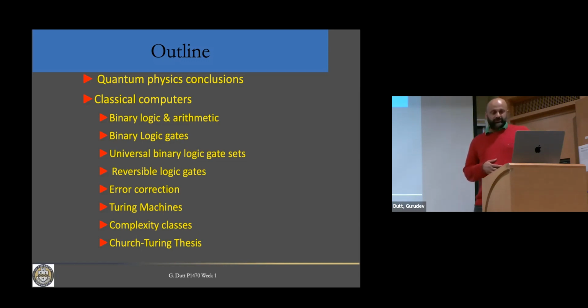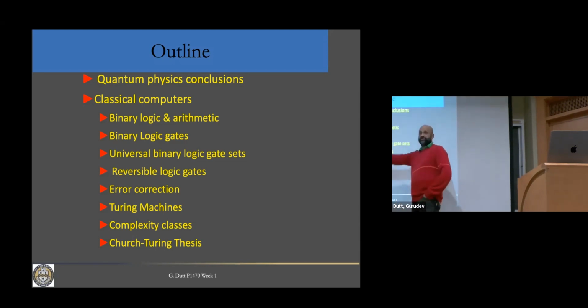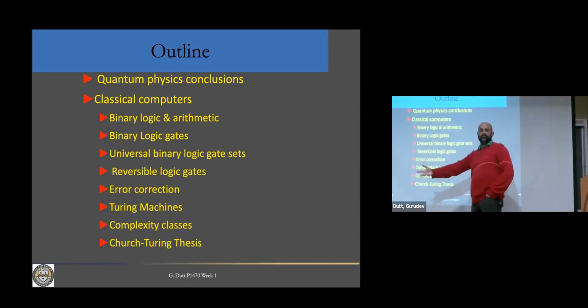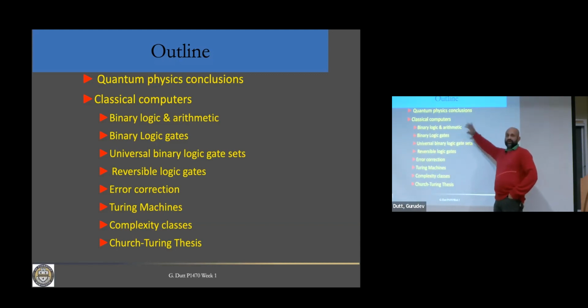Okay. So the outline for this week: hopefully we get through half of these today, and the remaining half in the next class. We want to finish up the conclusions about quantum physics, whatever we discussed. We will talk about classical computers now. So we're starting the computational part of this course, and for some of you, much of this might be review.